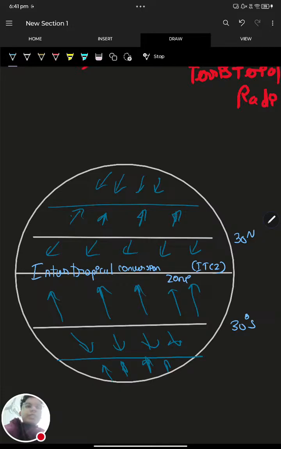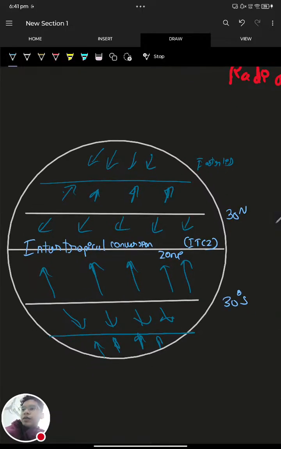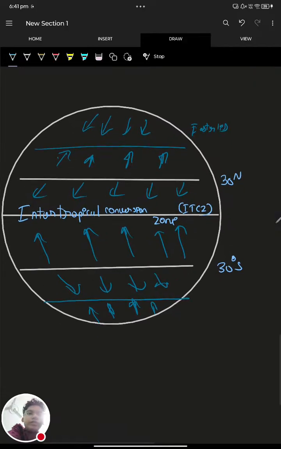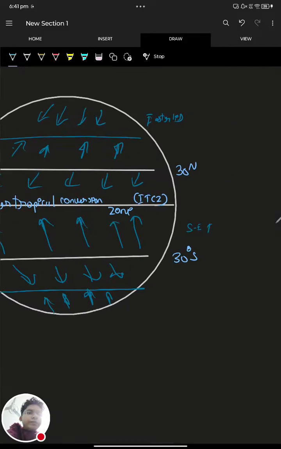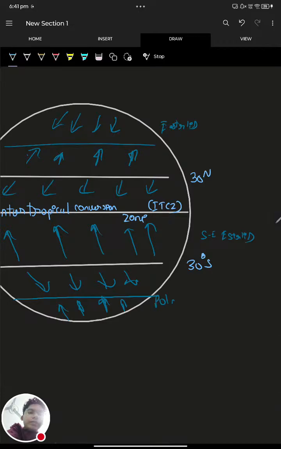These are the polar easterlies. Easterlies is their name. This is the southeastern easterlies, and this is the northwestern easterlies. Northwesterly winds, and polar easterly.